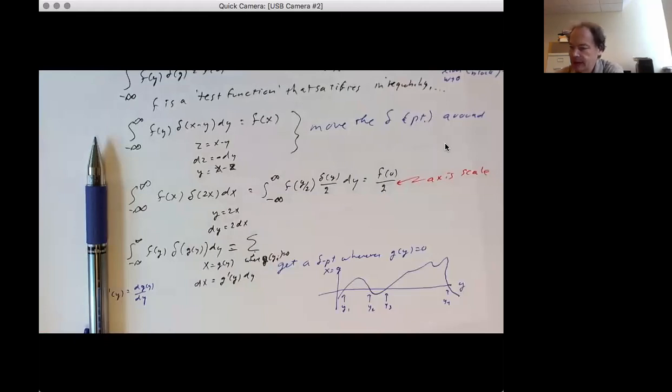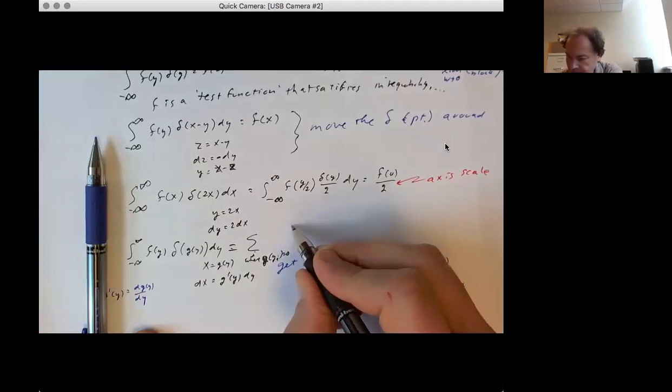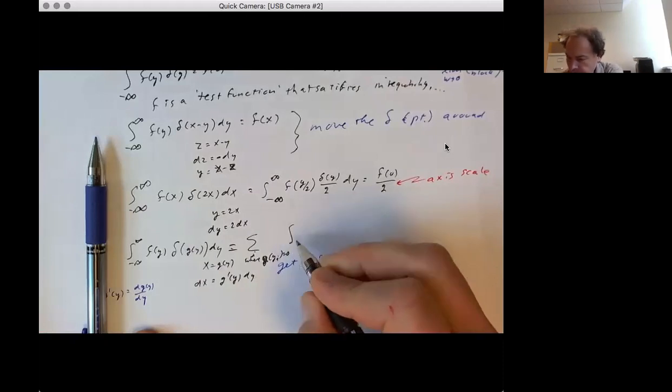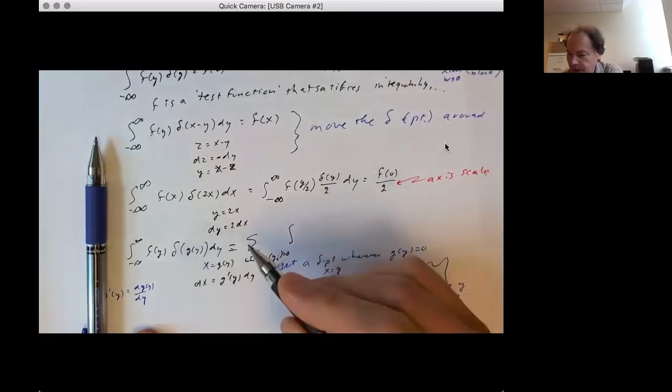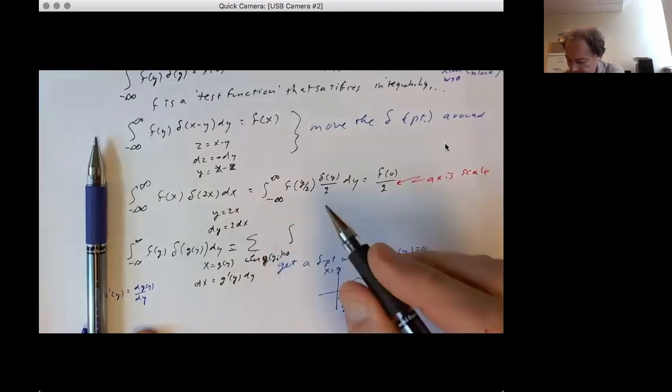Now, we then can write this as the integral from, okay, we need to know what these points are, and we're going to go a little bit before and after, kind of like we did up there with the epsilons.